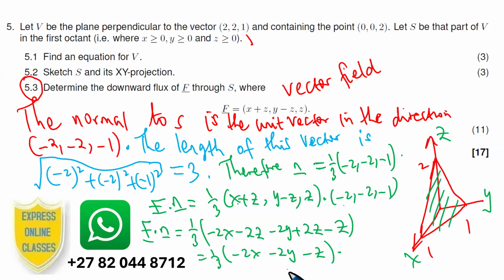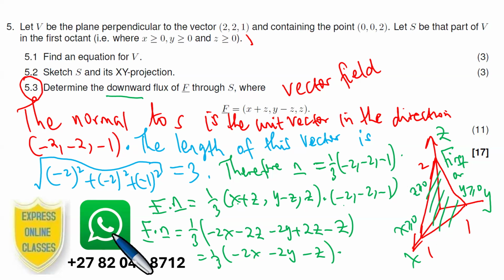Now for the downward flux, you need to note that this is the first octant. This is in the first octant, where first octant would mean x positive, y greater or equal to 0, also z greater or equal to 0.